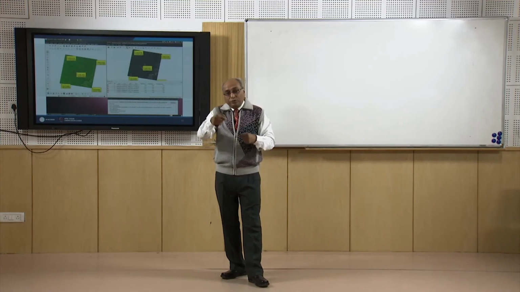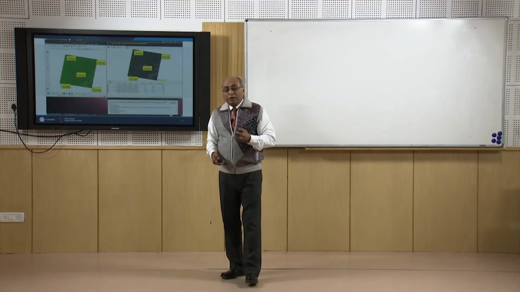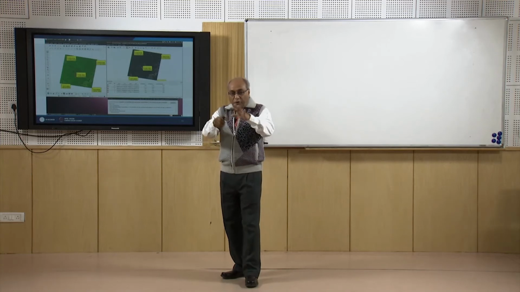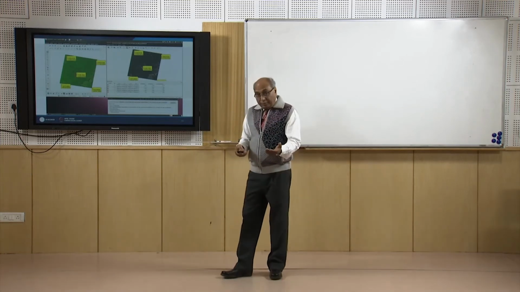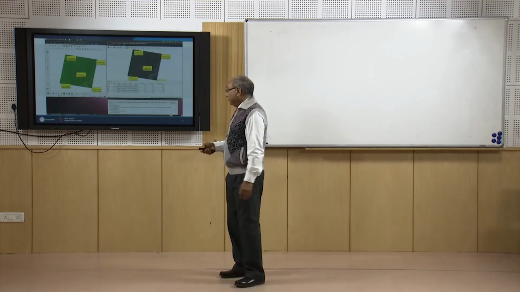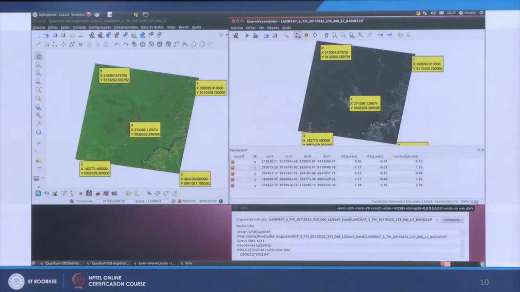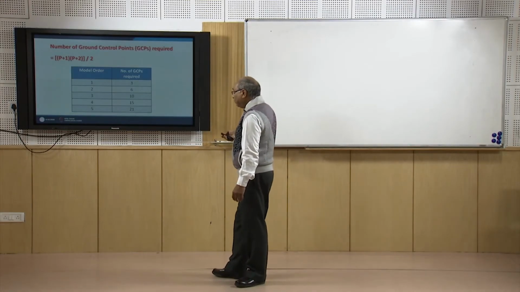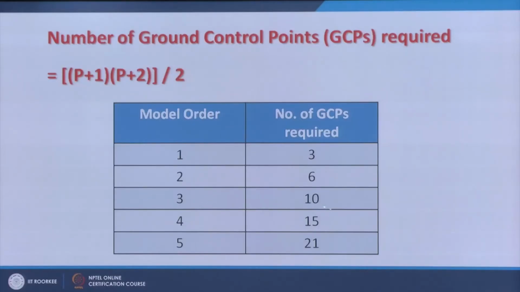So again I will use a few more tapes or nails or GCPs, ground control points, so that my GCPs are uniformly distributed and I get the best fit. That is why these ground control points should be spread all over the image rather than concentrating in just one area. So the number of ground control points, one should go by multiplying by 2. Generally we go for third order polynomial equations, minimum 10 points, choose 20.